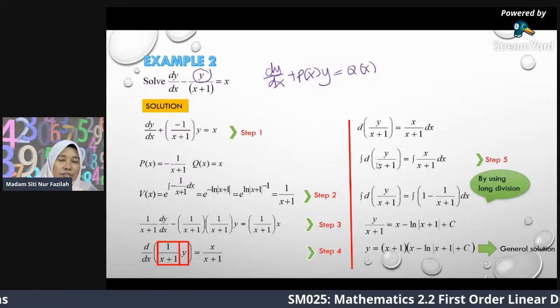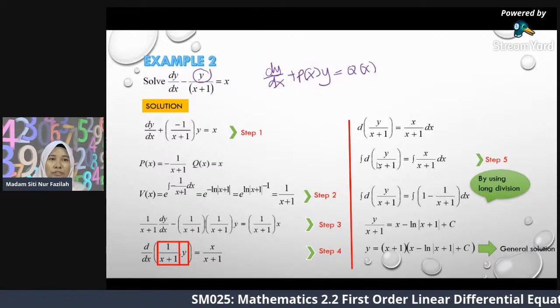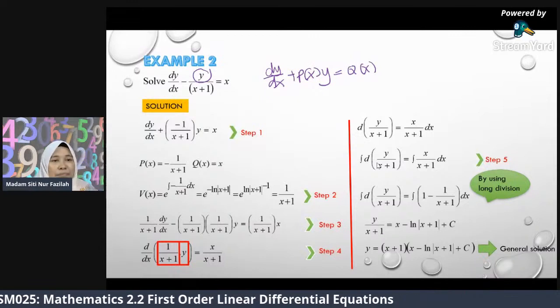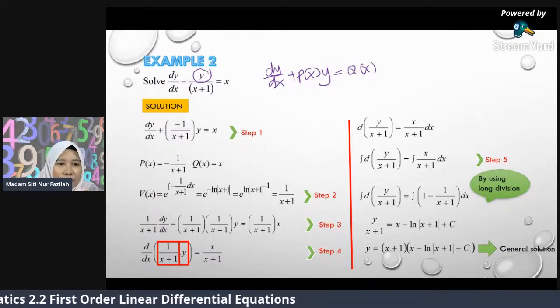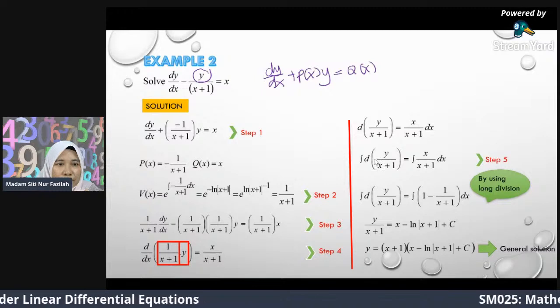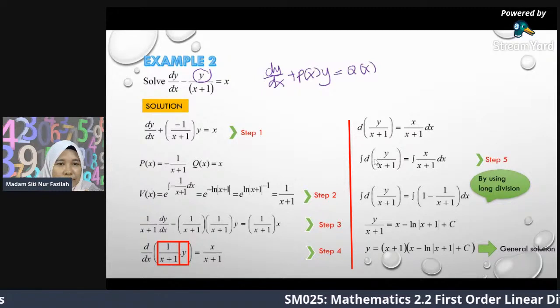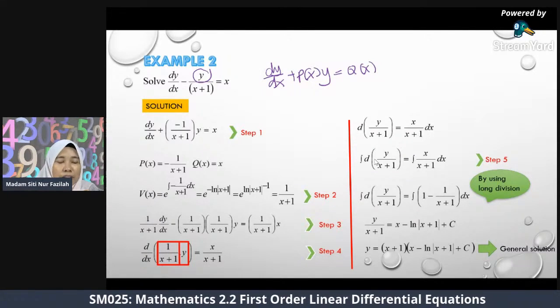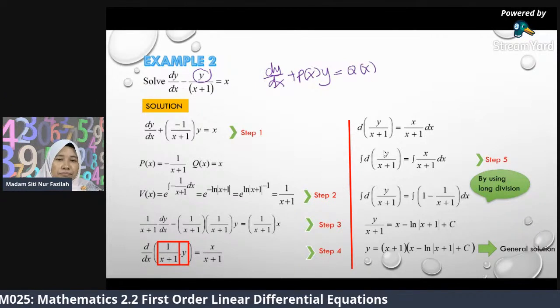This is a general solution for the answer of example 2. Don't forget to show all the steps by using the integrating factor.